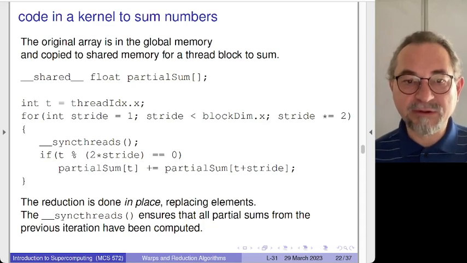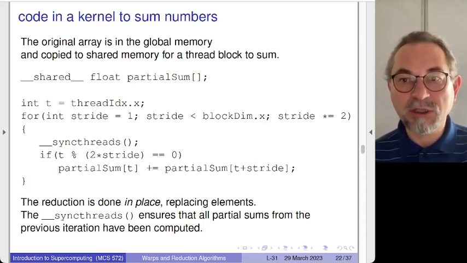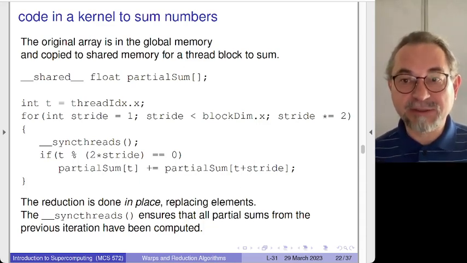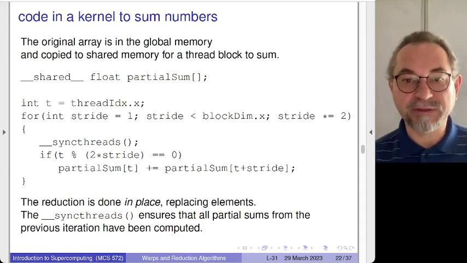And you see the synchronization that is necessary. So some threads will have to wait for all the other threads. That's because of the in-place operation: the number in the array gets replaced by the sum. And therefore, in order to proceed to the next level, one must have this level of synchronization.